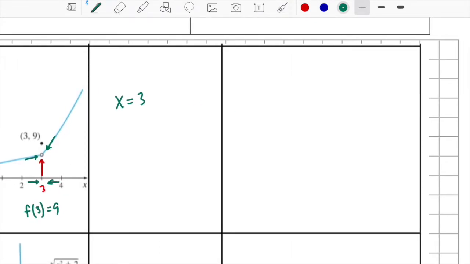Now, which condition is not met? The condition that is not met will be the last one, where the limit as x approaches c of f of x is not equal to f of c.